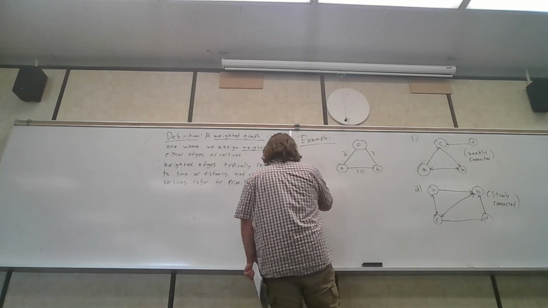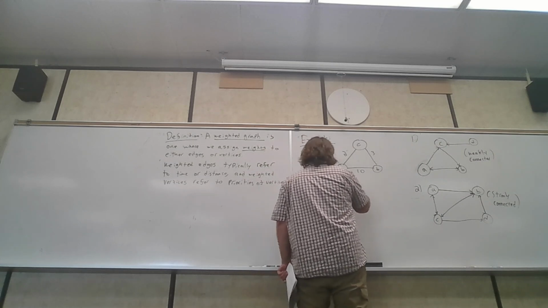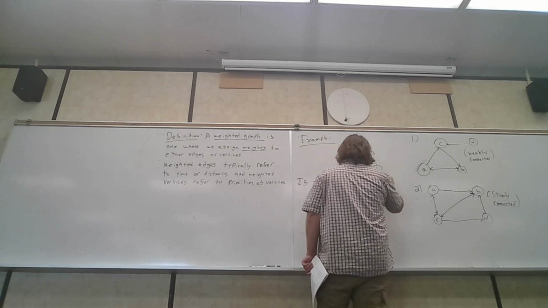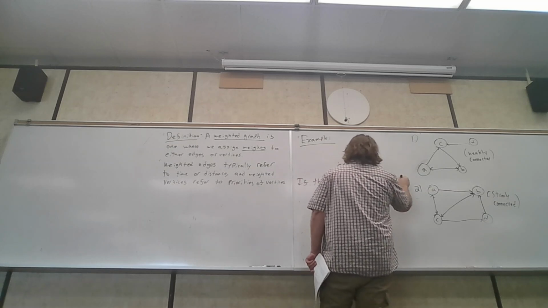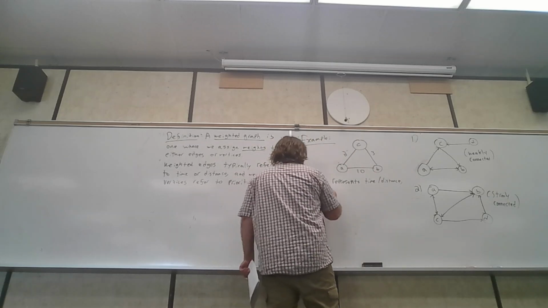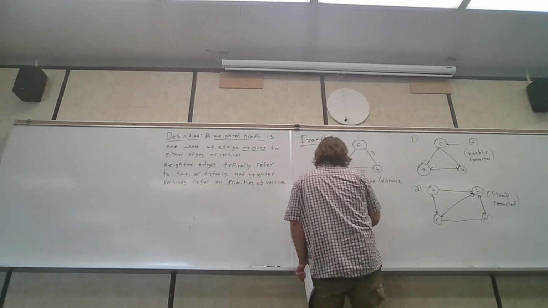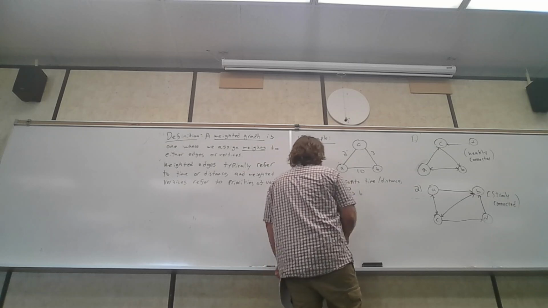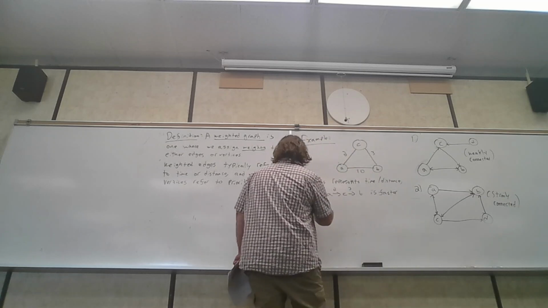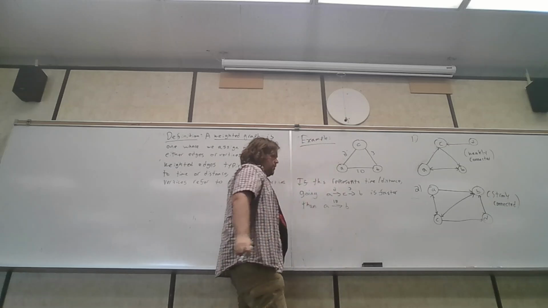So if this represents time or distance, going A to C to B, so this would be 2 and 3, is faster than just the direct route, which is 10.